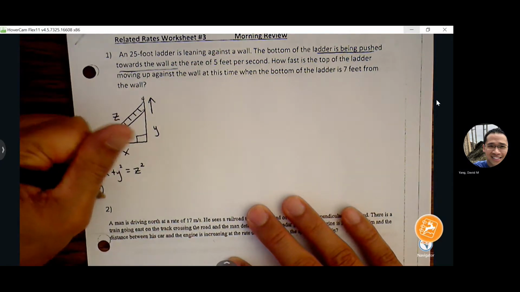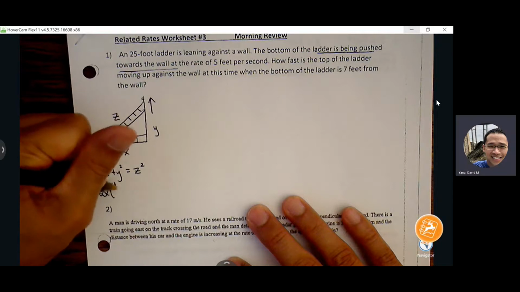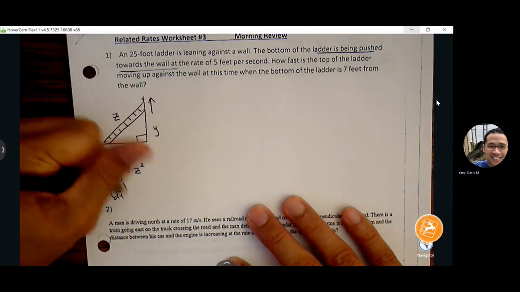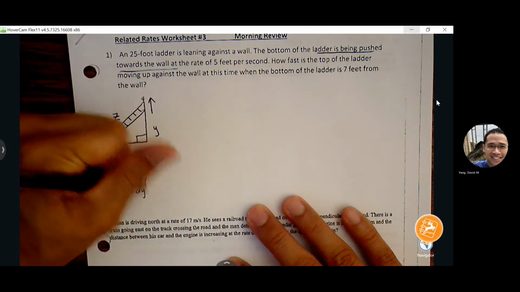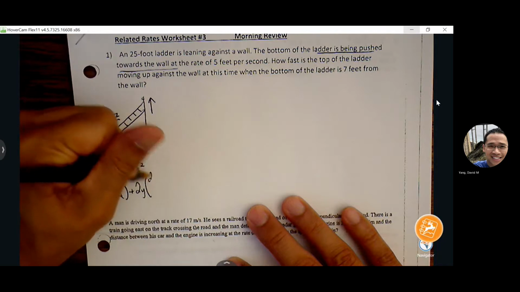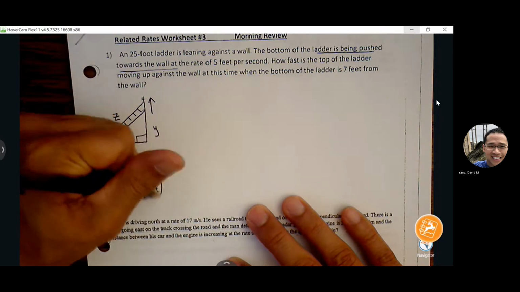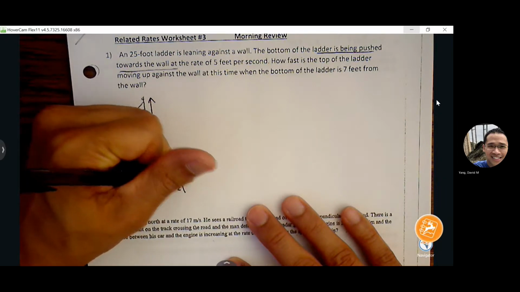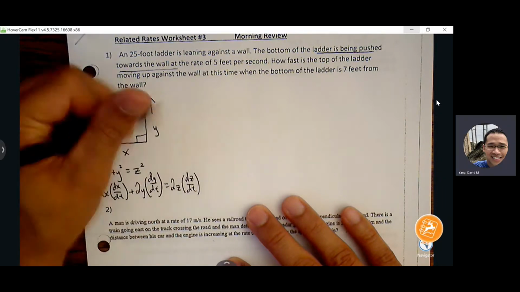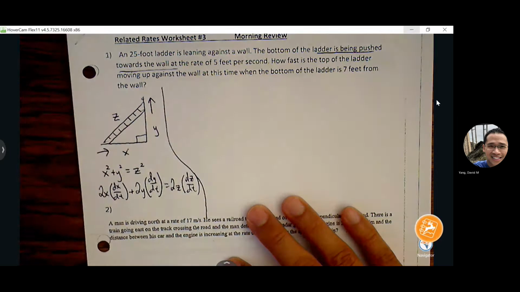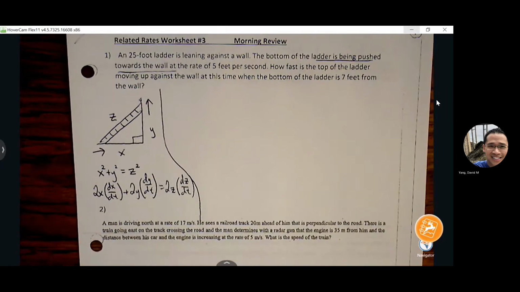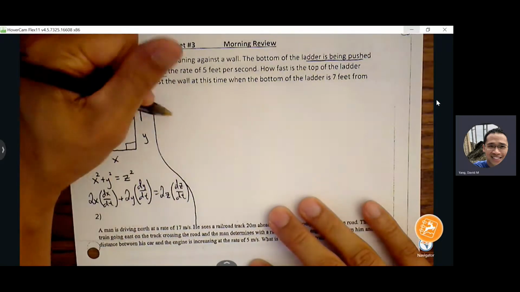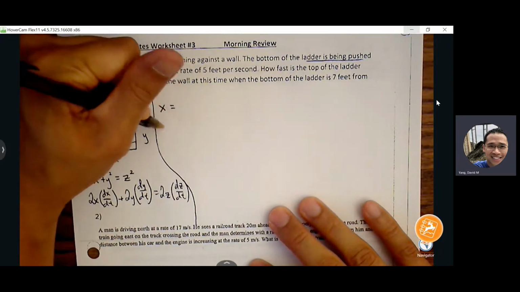Then take the derivative, don't forget the time component. Okay, let's list out all of our variables.